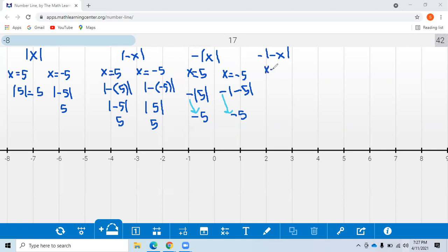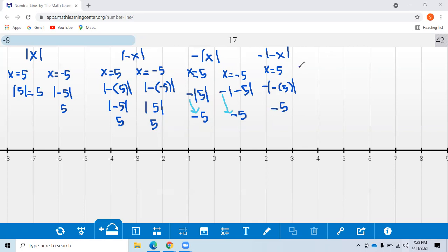When x is equal to 5, substituting, we have the opposite of the absolute value of the opposite of 5. The absolute value of the opposite of 5 is positive 5. And then we bring down the opposite, or the negative sign.